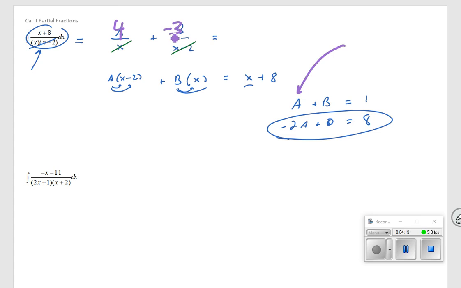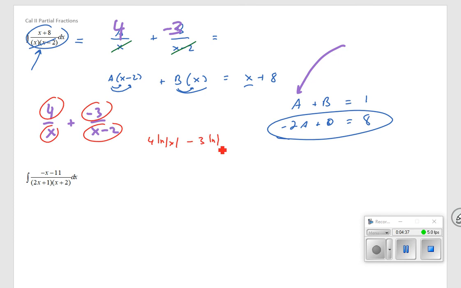So I have 4 over x plus negative 3 over x minus 2, and that's the algebra. If that's u, that's 4 du, so that is 4 ln absolute value of x. If that is u, that is negative 3 du, so that's minus 3 ln absolute value of x minus 2, plus a constant.